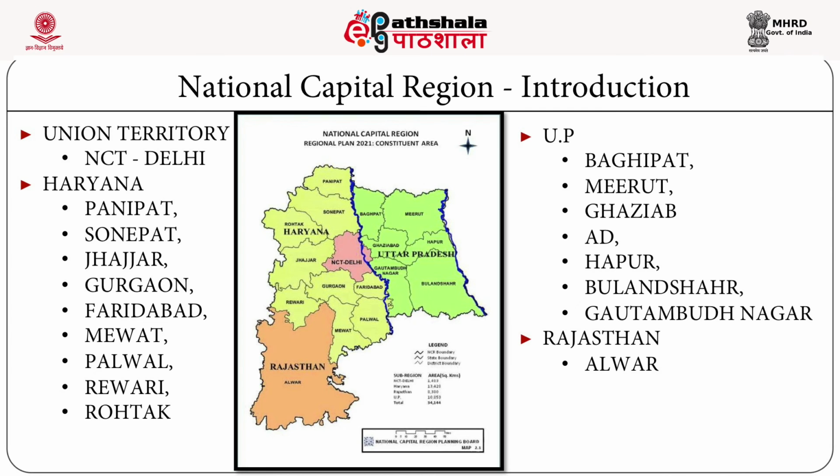And we have districts like Panipat, Sonipat, Jhajjar, Gurgaon or Gurugram, Faridabad, Mewat, Palwal, Rewari, Rohtak as part of Haryana, and Bagpat, Meerut, Ghaziabad, Hapur, Bulandshahr and Gautam Budh Nagar as part of Uttar Pradesh, and Alwar as part of Rajasthan.